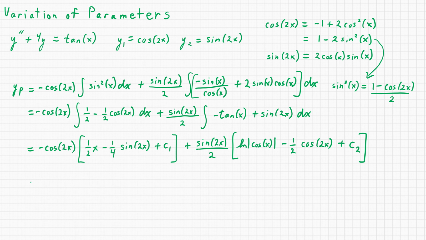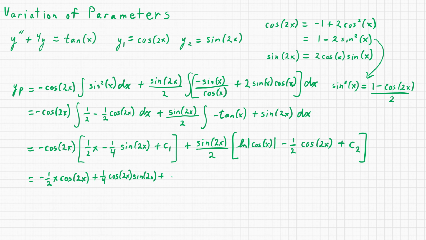First thing, let's see. So we have equals, I have negative 1/2 x cosine 2x. That looks fairly unique among all the terms. But I also have negative times negative, so plus 1/4 cosine of 2x sine 2x.